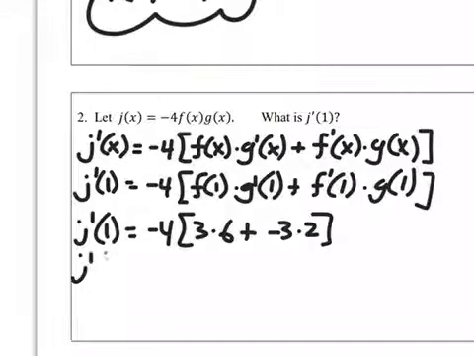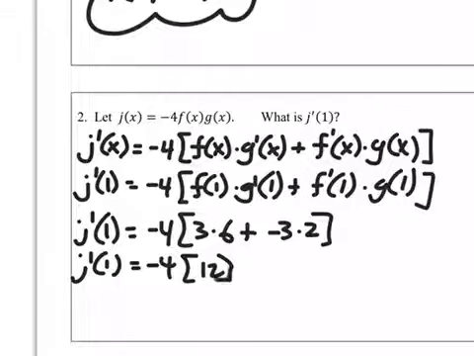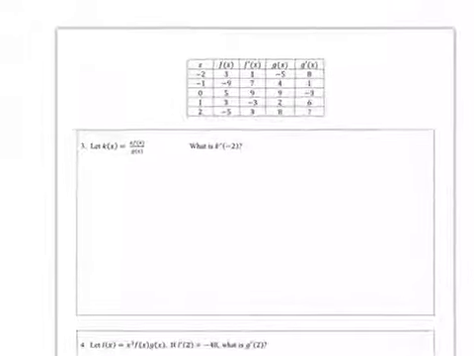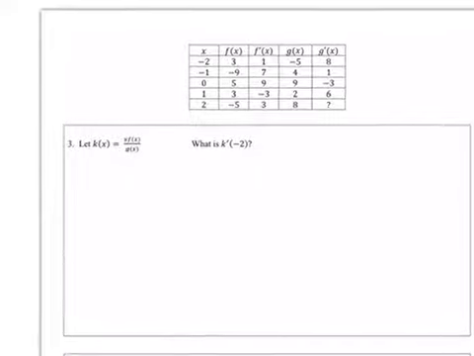So j prime of 1 will equal -4 times, looks like 18 minus 6, which is 12. So j prime of 1 equals -48. Okay, same numbers have been translated for us.